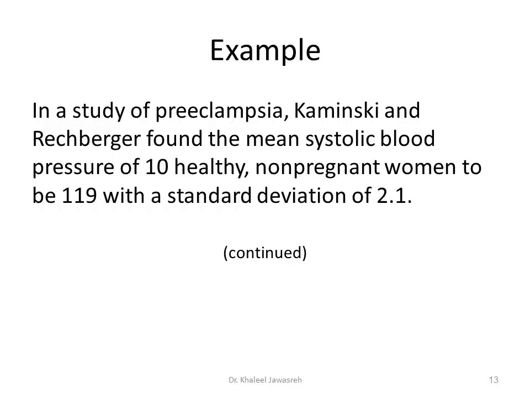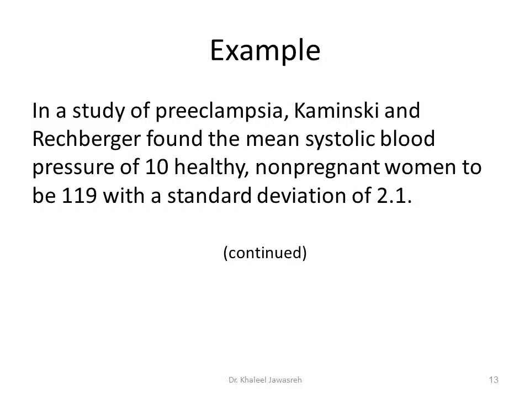Okay. Now we have an example. In a study of Kamsky and another person, they found the mean systolic blood pressure of 10 healthy non-pregnant women to be 119 with a standard deviation of 2.1.